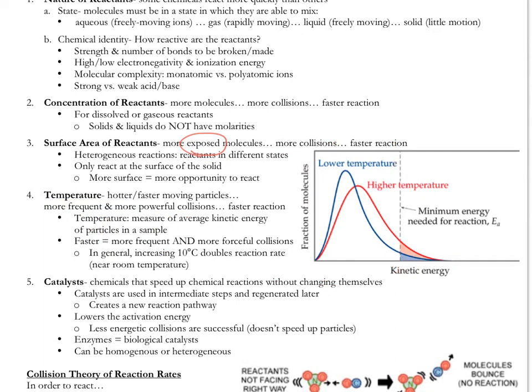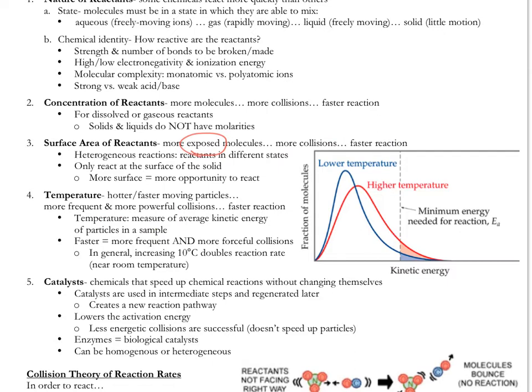On the blue line, there are some molecules that have that much energy, but on the red line, there are more. A larger number of molecules are under that section of the curve, so we've got lots of collisions in both cases, but the red line represents the collisions that are productive, the collisions that are giving us the products that we want.